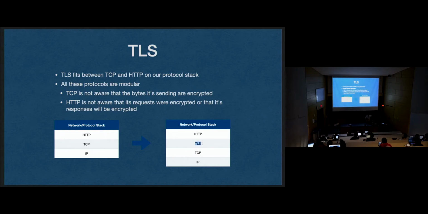But TCP doesn't care that it's sending encrypted messages, just like it never cared that it was sending HTTP or WebSockets. It just doesn't care. All TCP cares about is that it's sending a bunch of bytes over the internet. Actually, it doesn't even care that it's talking to the internet. The IP cares about that. TCP doesn't care. So TCP is now transporting encrypted bytes, but to TCP, it's the same thing.